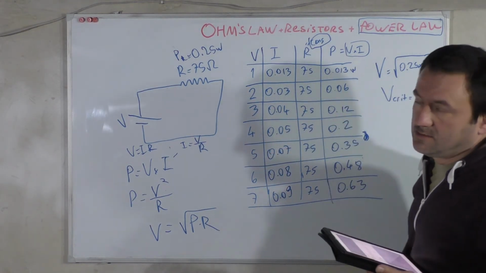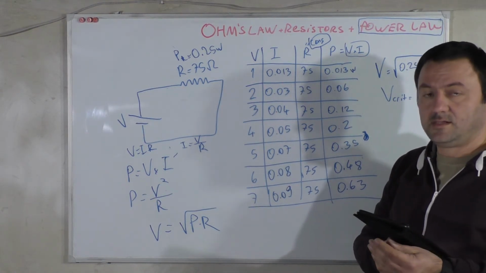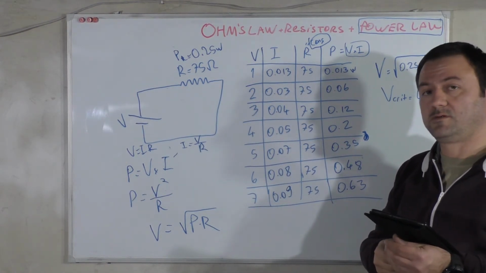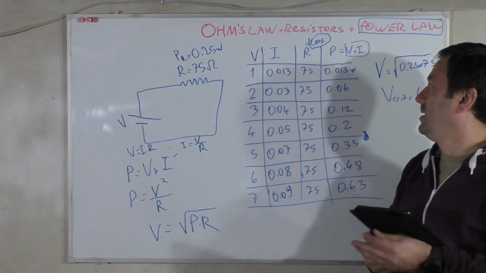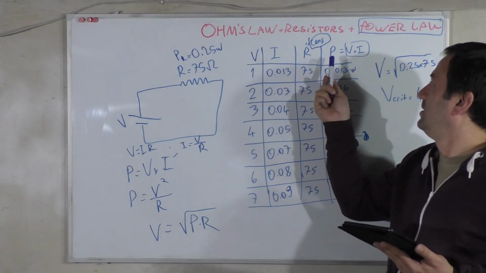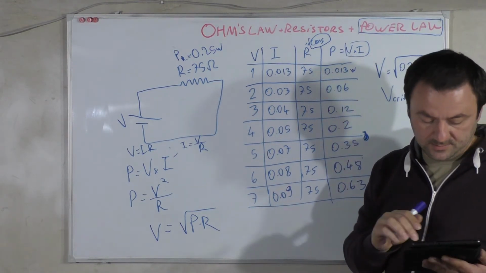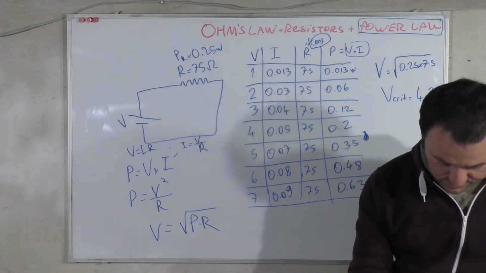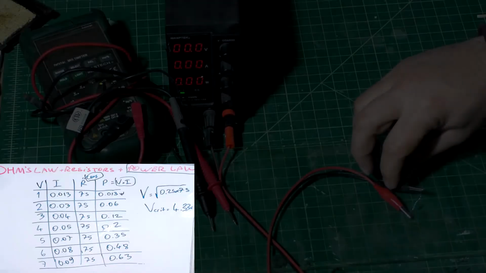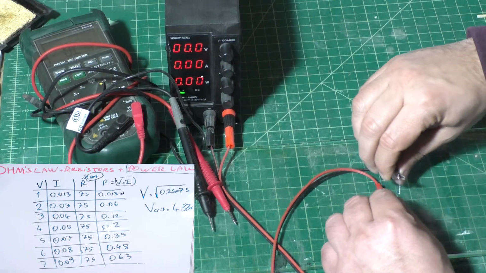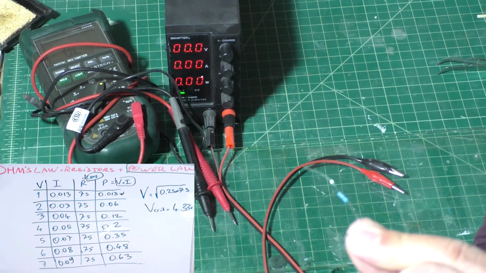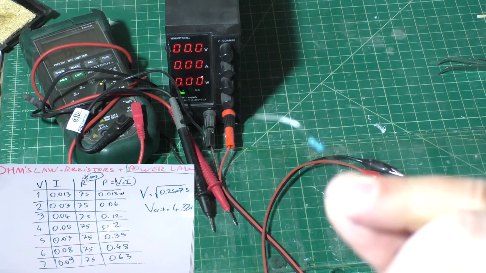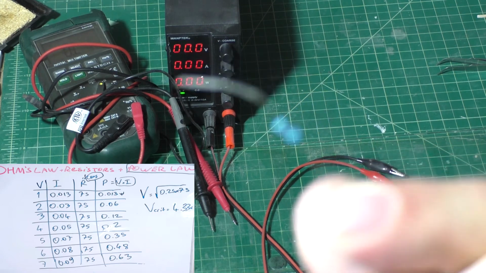So let me do that physical experiment. I will record. You will see my power supply, and we will read current and power on screen. Now let's look here. I have one resistor. Now I will show the camera, if it can focus.